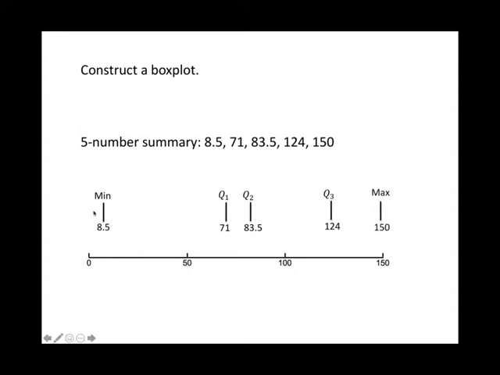I use the 5 lines to represent the 5-number summary. Now, I will use the Q1, Q2, Q3 to construct a rectangular box. And at the end, I'm going to use a line to join this 5-number summary together. So this is going to be a regular box plot.